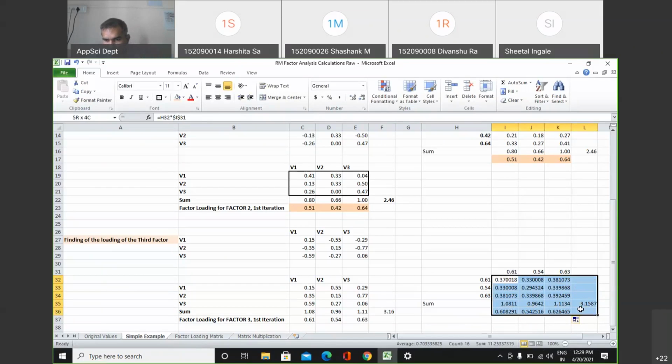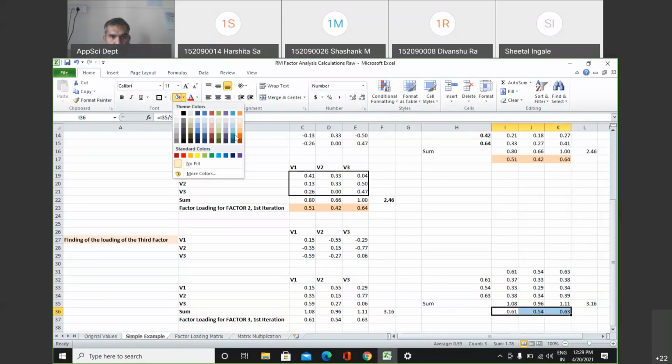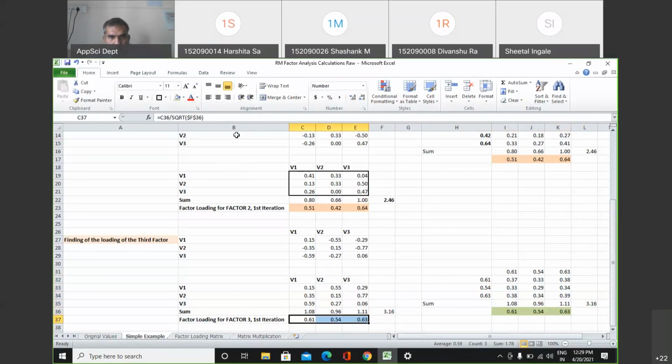Here we can have everything decimal. Yeah. So here we can see this value and this value. Same.